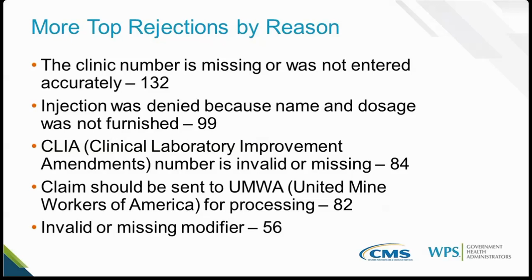And 56 rejections occurred for invalid or missing modifier. These are pretty straightforward when you read these reasons for rejections. So for rejected claims or those that are unprocessable, as I mentioned earlier, you need to fix it and resubmit it. So these are rejections by reason.